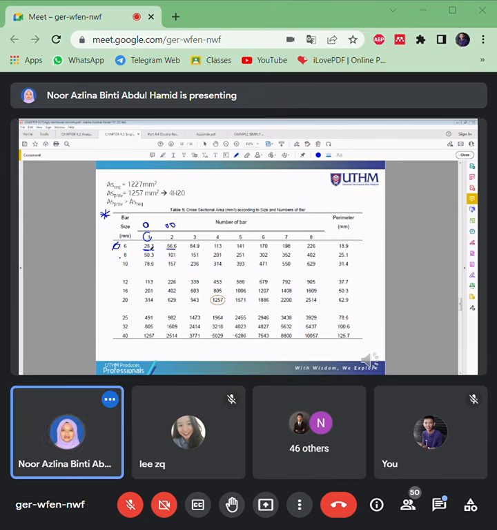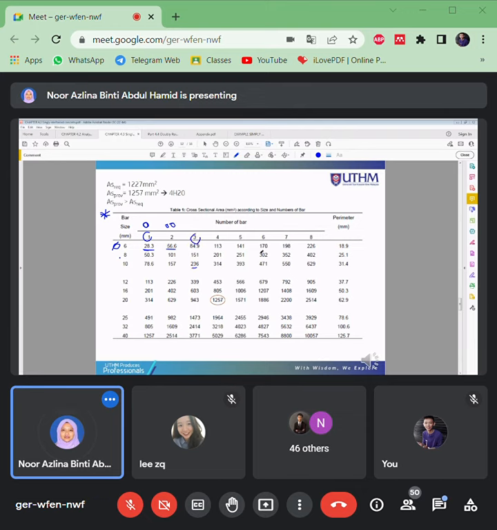Actually this can come from manual calculations, but if there is already a table, you just refer to the table. Okay, this is 2 bars for 6 diameter, 3 bars for 10 diameter.